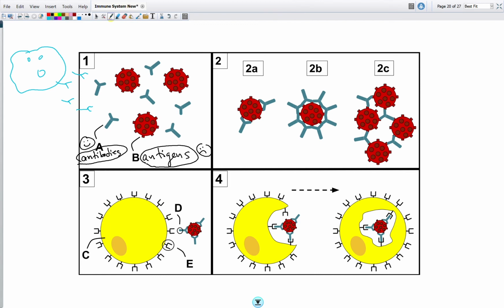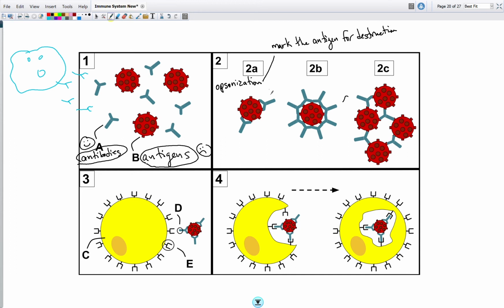The first thing we can have is something called opsonization. Opsonization is when we mark the antigen for destruction. It's sort of like lighting it up with a laser so a smart bomb can come in and destroy it.